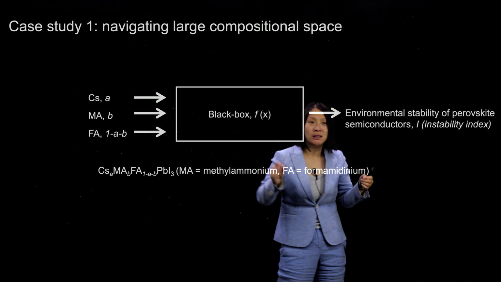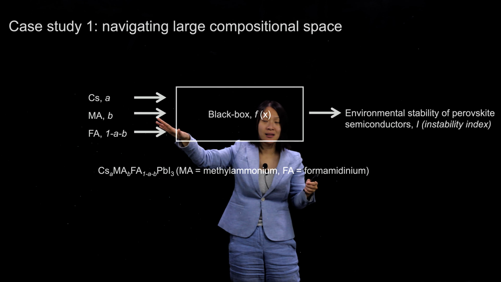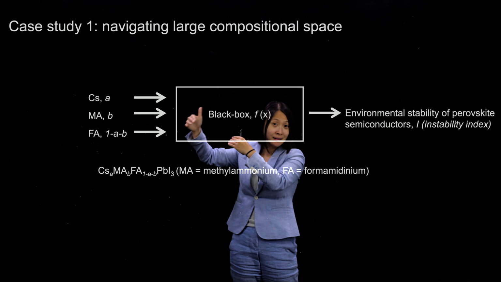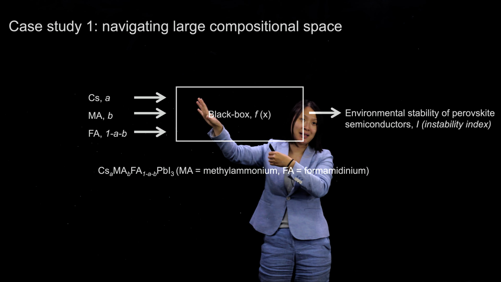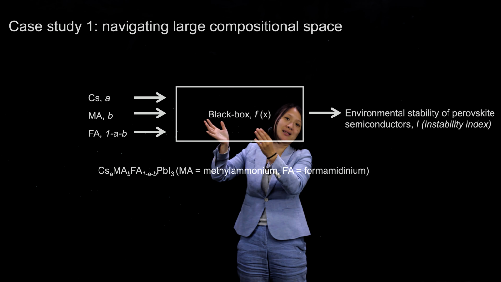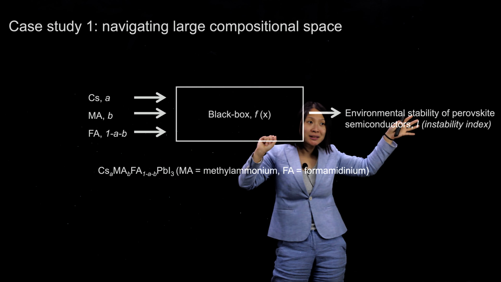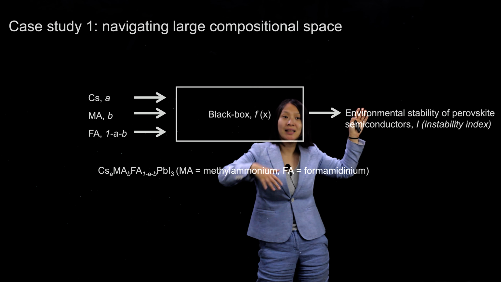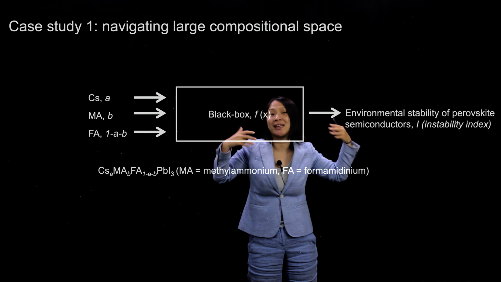So in other words, the inputs in this case are the compositions. There are 3 different compositions, but in fact, 2 of them are independent. The third one is 1 minus the composition of the previous 2. And our output, what we are trying to predict and optimize, is a metric called the instability index.